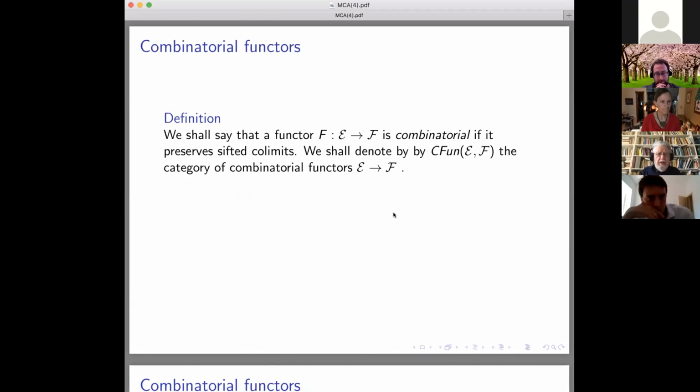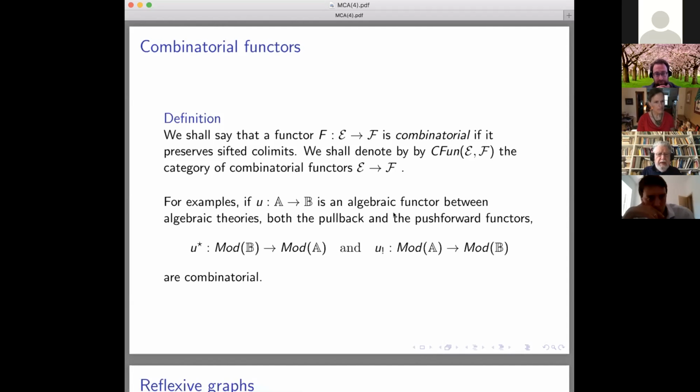Now we are ready to define what a combinatorial functor is. We say that a functor is combinatorial if it preserves shifted colimits. We shall denote the category of combinatorial functors between E and F by C-FUN(E,F). Here are examples.